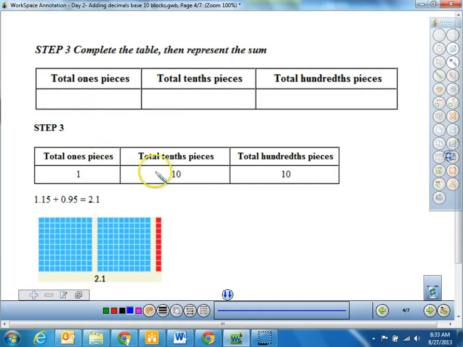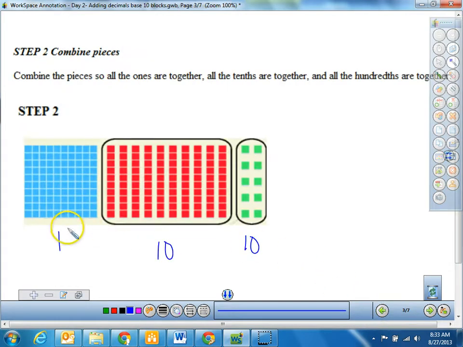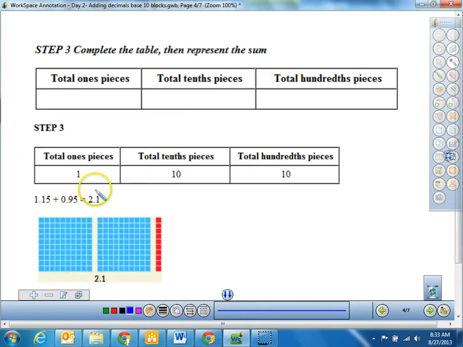And then once we do that, then we can complete a table like this. That's kind of what we did by just writing underneath it. I personally don't put a table up like this, but you saw me write it underneath there. When we go back here, this is kind of my version of that table. I just wrote it under there. And so when we do that, we can see, oh, remember yesterday we talked about how 10 of these would equal 1 of these?